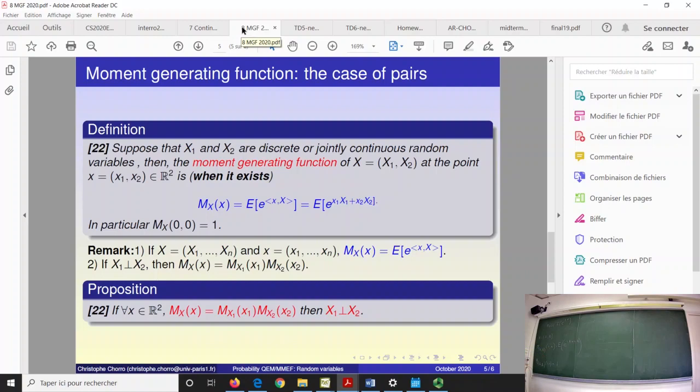How to recover the moment generating function of the components from the moment generating function of the pair? How to recover this one from this expression here? What is this one?